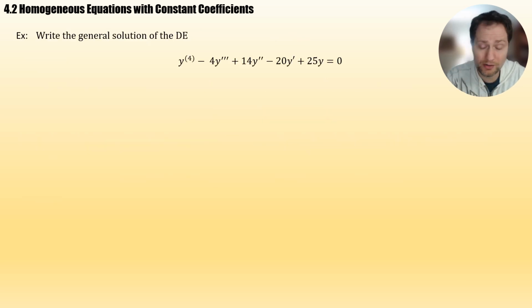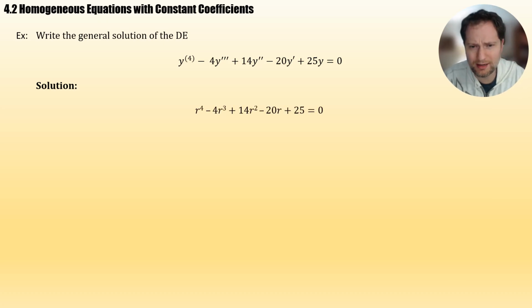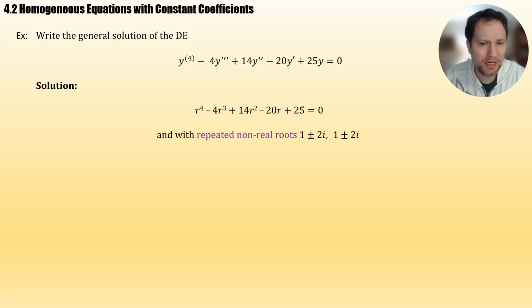All right, let's write the general solution for this differential equation. Let's start by just looking at the characteristic equation. I'm just going to tell you right now, it's not obvious how you would figure these out.